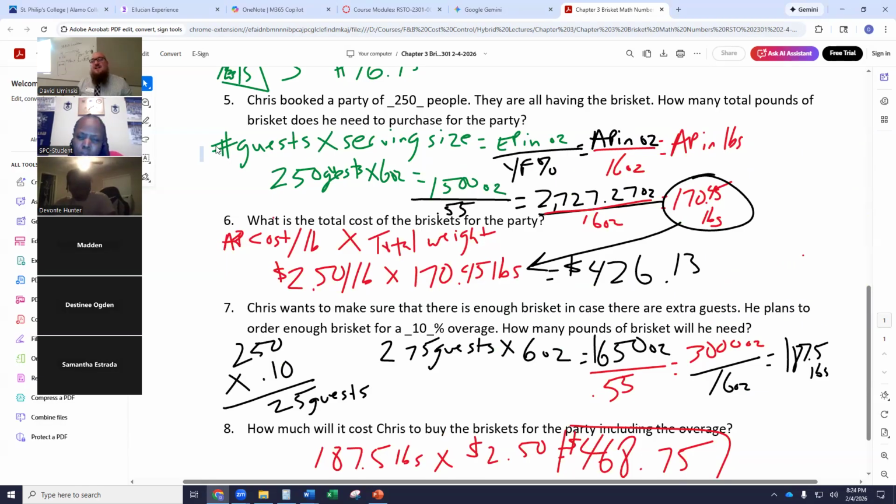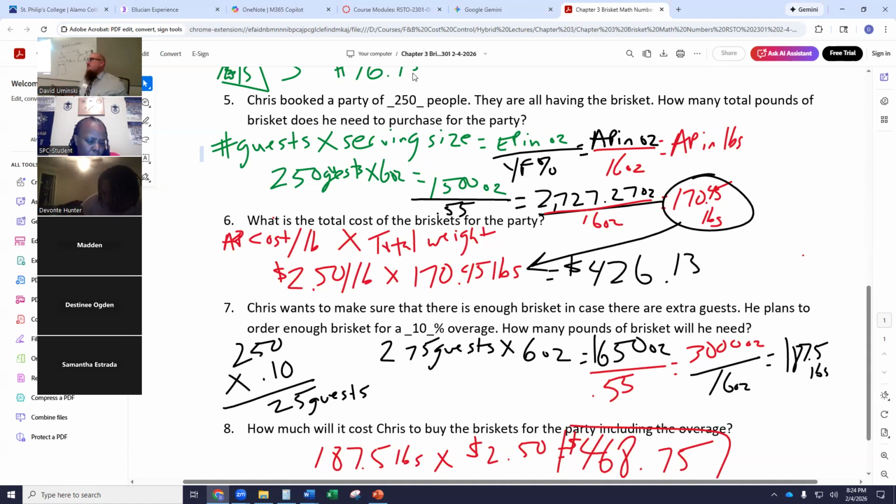I know it's a hashtag now, but it used to mean number. So the number of guests times the serving size is our edible portion in ounces.